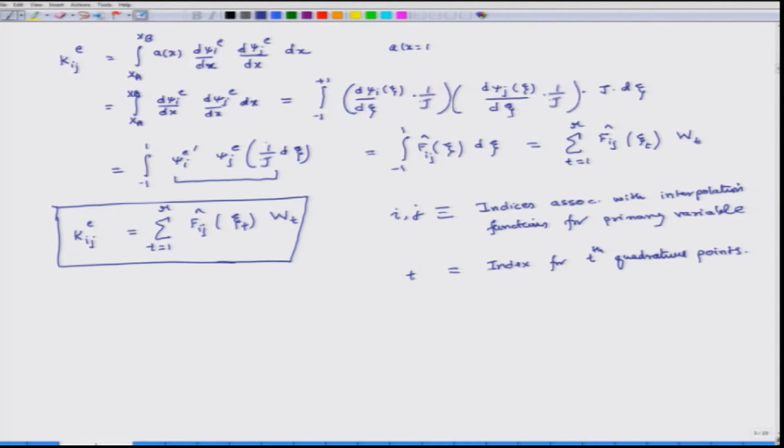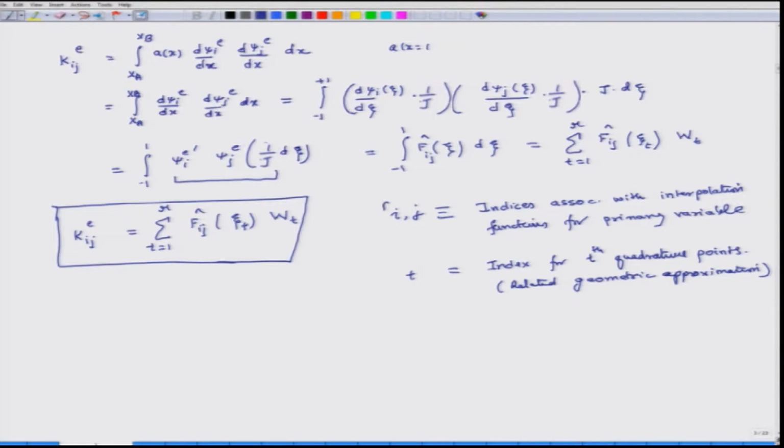Okay. So, this is related to geometric approximation, right. Index i and j is related to the approximation for primary variables.